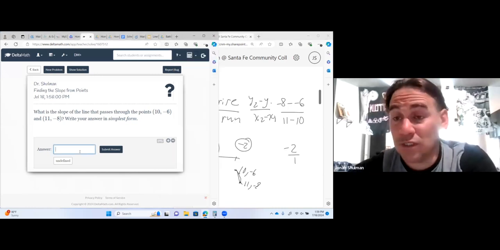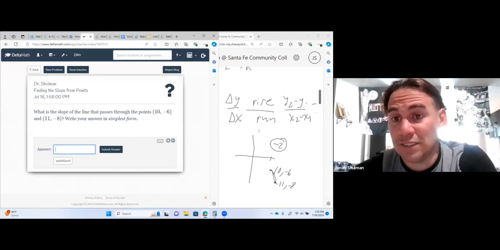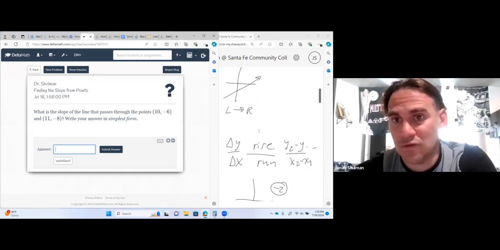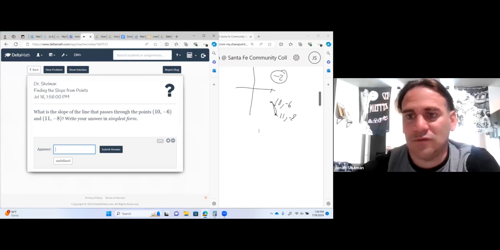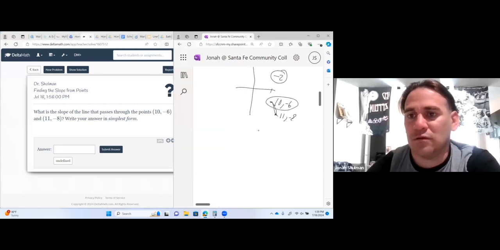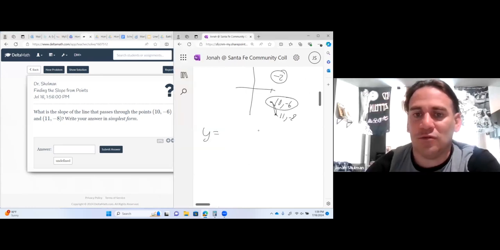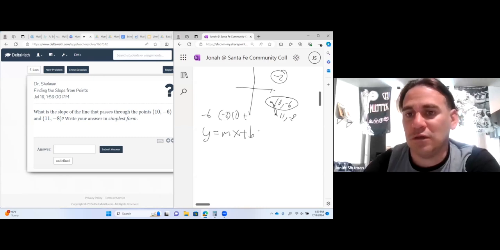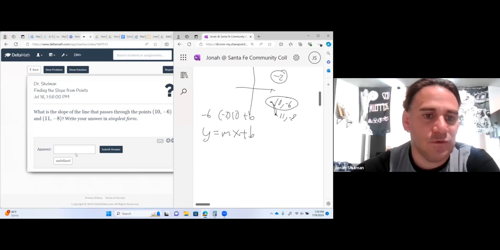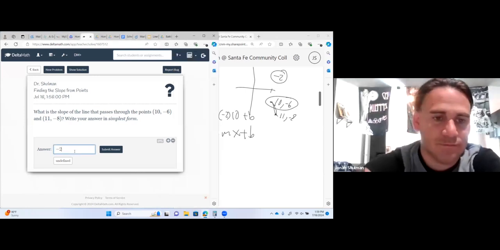I was going to give you the whole equation. If you wanted the whole equation, we would take either point and plug it into y equals mx plus b. We know that our x is 10, our y is -6, and our slope is -2. They just want the -2, but guess what?